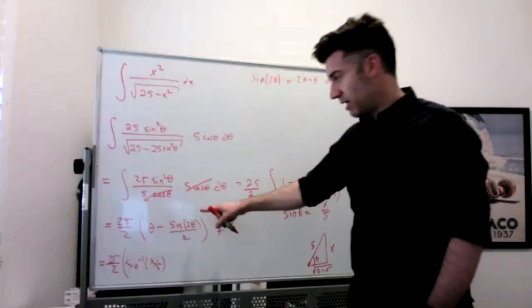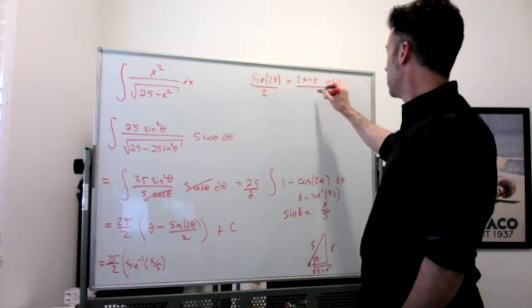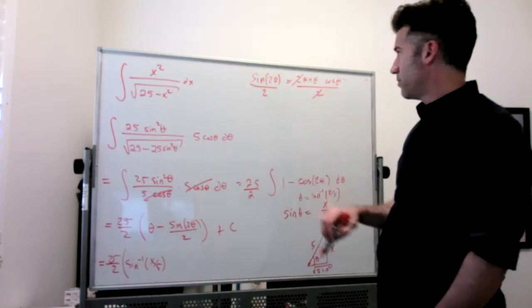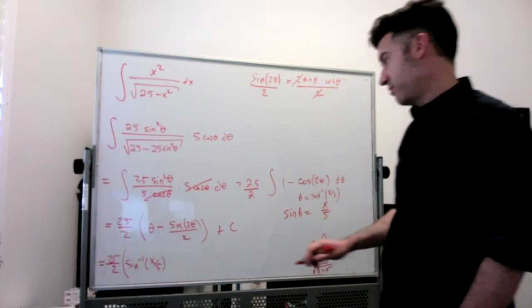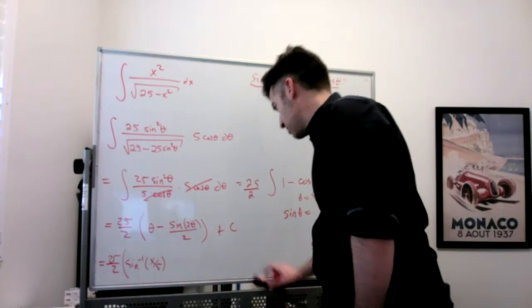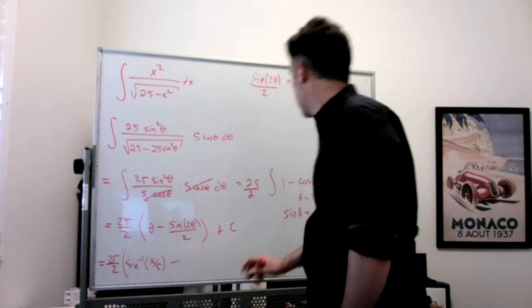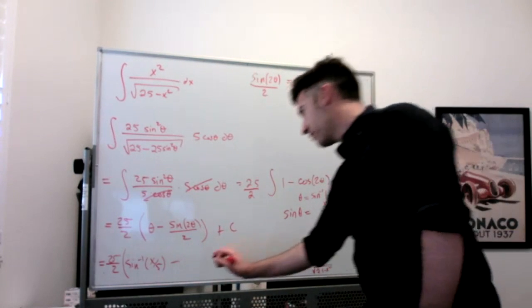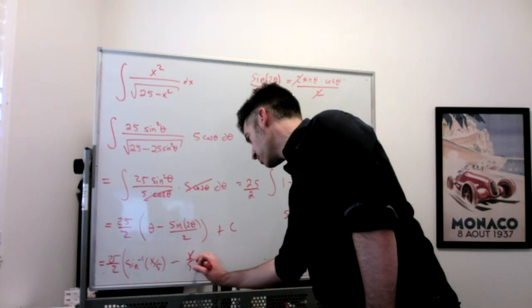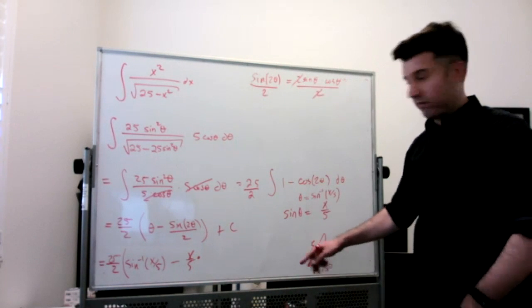So then if I have sine of 2 theta divided by 2, I can cancel all those. So sine of 2 theta over 2 is just sine of theta times cosine of theta. Sine of theta is x over 5. Cosine theta is the square root of 25 minus x squared over 5.